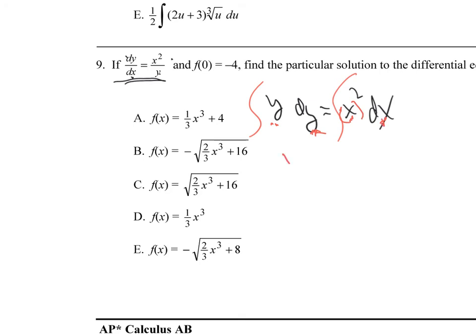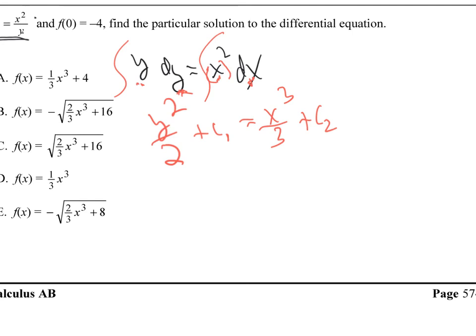So this turns into y squared over 2 plus a constant, I'll call it constant 1, equals x to the 3 over 3 plus a different constant. But if you think about it, you move this constant over and combine them, you just get another constant.